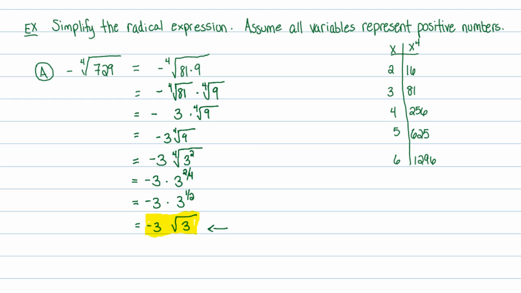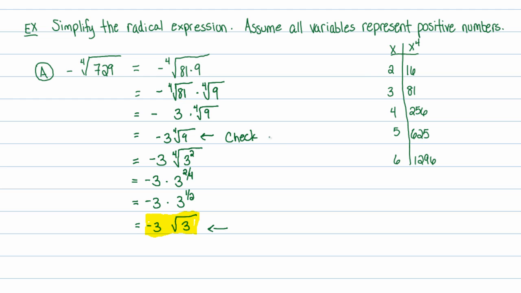And then I break that apart. I can split radicals amongst multiplication here. And then I go ahead and apply the fourth root to the perfect fourth power to simplify that down. Once I get that answer, I then usually check at this step to see if it simplifies any further.